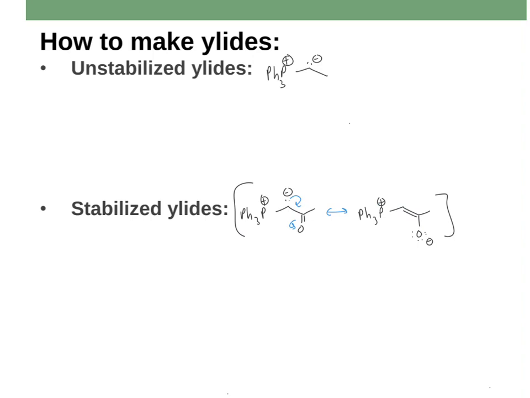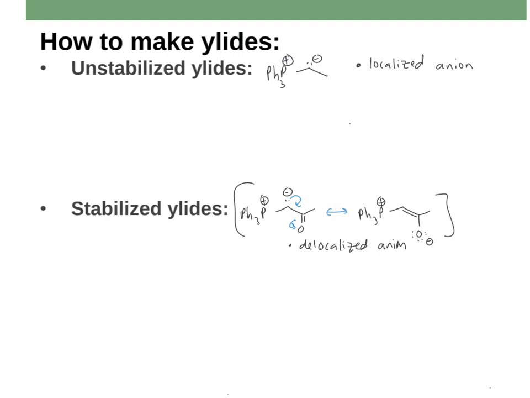Stabilized means that you can delocalize that negative charge. I'll put a delocalized anion here, versus up here, it's a localized anion. That's the big difference.